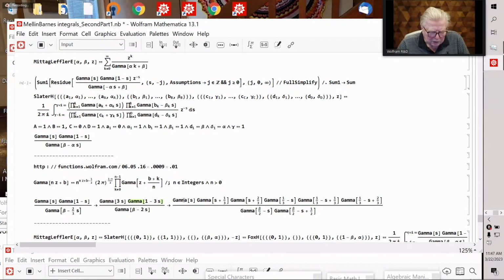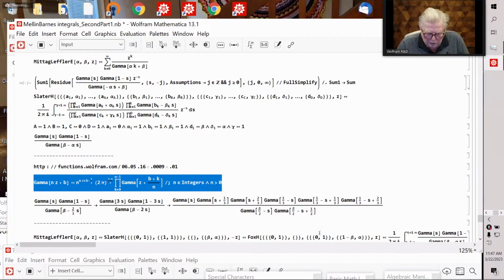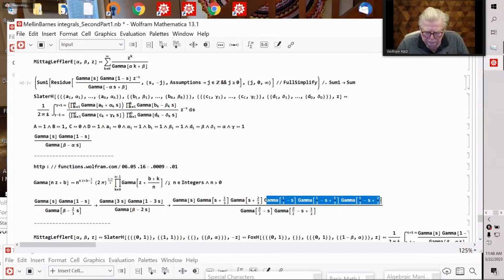Then we can, instead of this 3s, write a product of gamma from s using above formula. Here also. And here only 2, because coefficient 2.